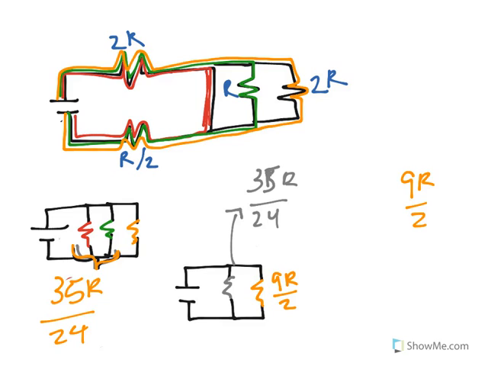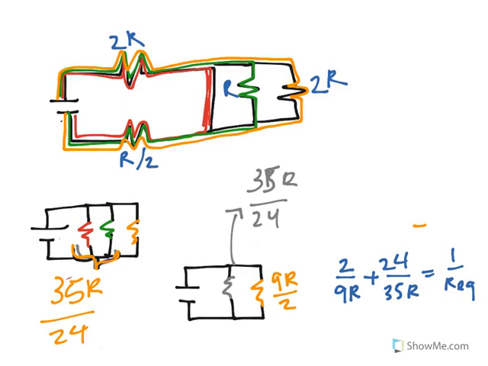So let's start adding together 1 over R1 plus 1 over R2. We have 2 over 9R plus 24 over 35R equals 1 over R equivalent. Let's make some room. We're going to have to multiply both sides, and it's going to be a little annoying, so I'm going to skip it. I'm going to do it, and then we'll come back. You can do this calculation on your own. It's just multiplication.